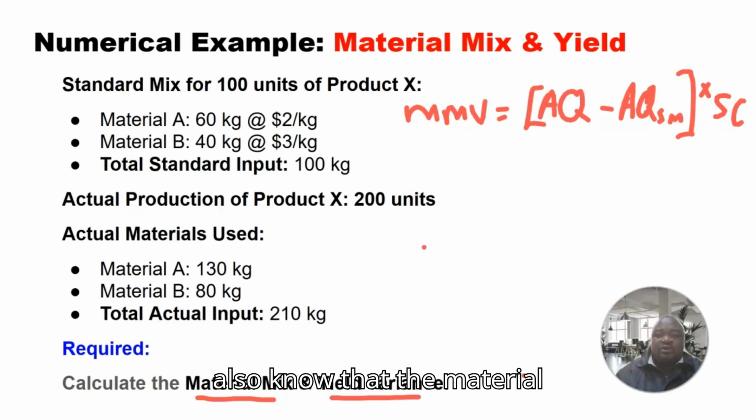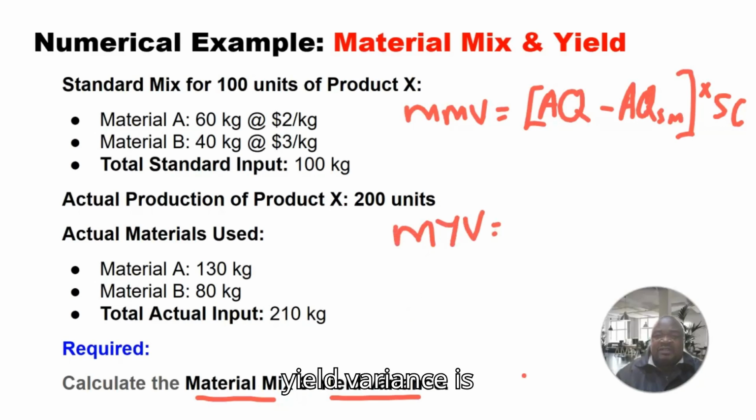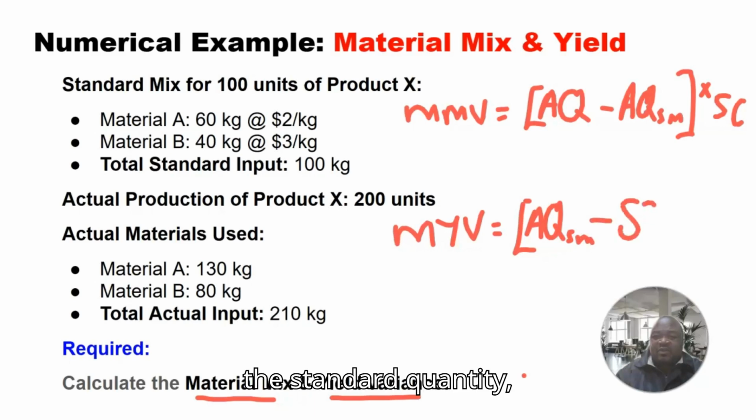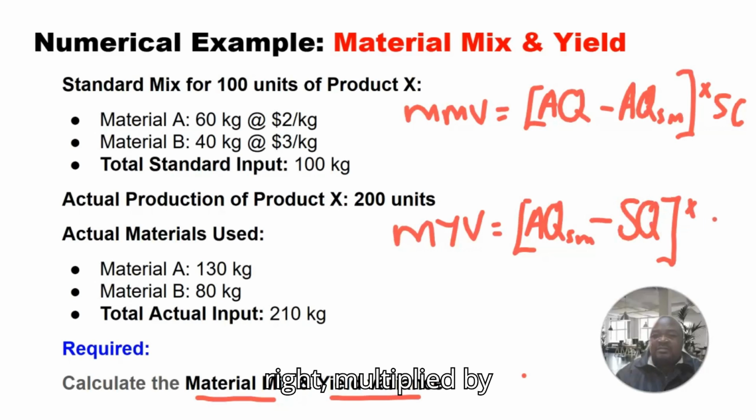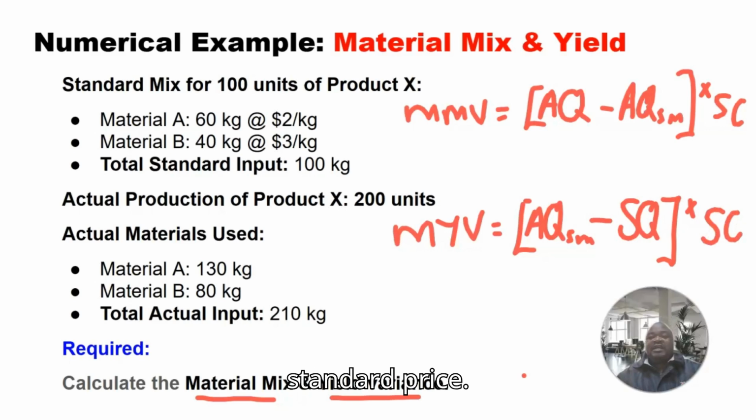And we also know that the material yield variance is given by the actual quantities at standard mix minus the standard quantity, multiplied by the standard cost or standard price.